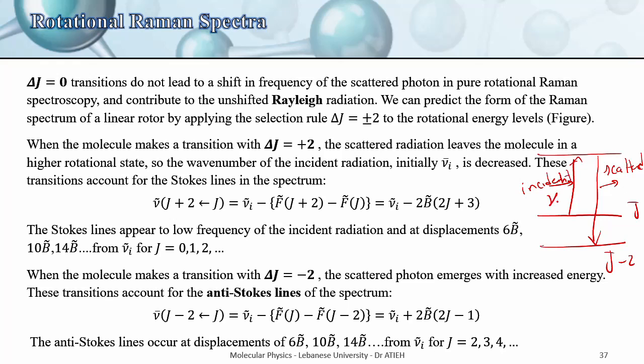This has an energy F(J), this has an energy F(J minus 2). You can see that nu I plus F(J) minus F(J minus 2) is equal to nu bar. So we will get this form. This must be a plus here. So it appears clearly that the anti-Stokes lines have a higher wave number in comparison with the incident photon.